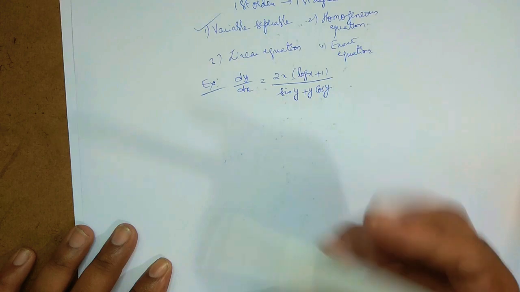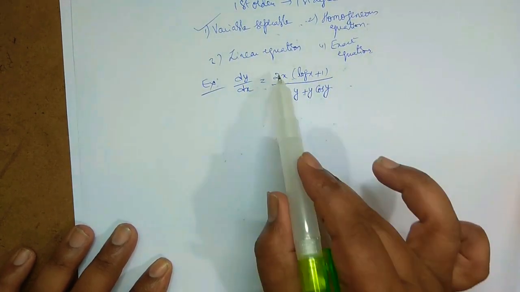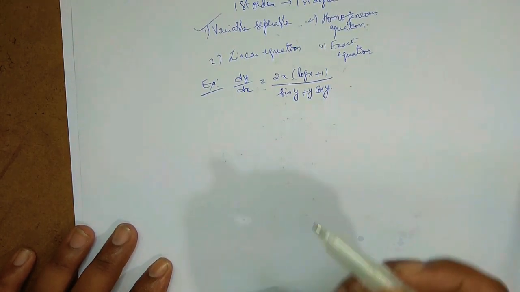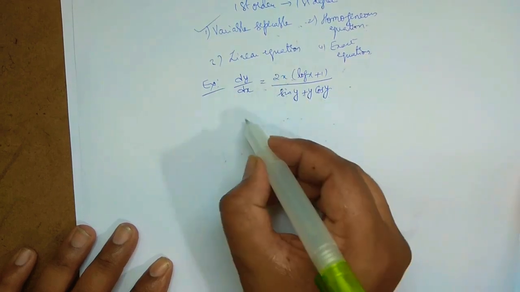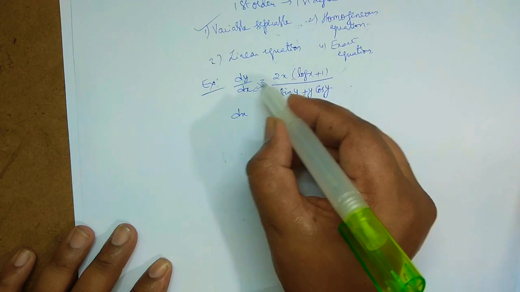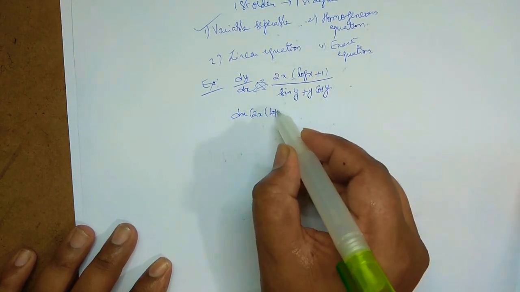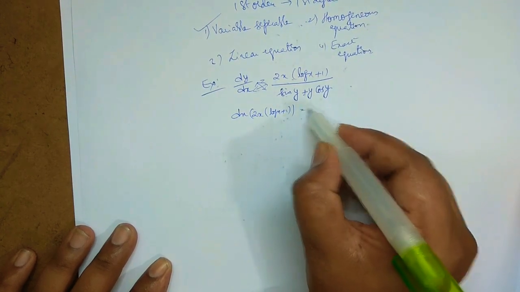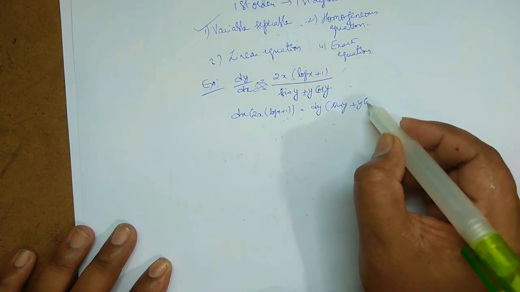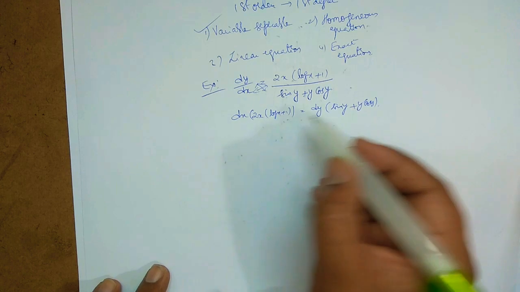There is no mixture of x and y. In this expression only y's are present, in this expression only x's are present. So you can separate them, just cross multiply. What will you get? dx into 2x(log x plus 1) equals dy into (sin y plus y cos y). So we have to integrate on both sides.